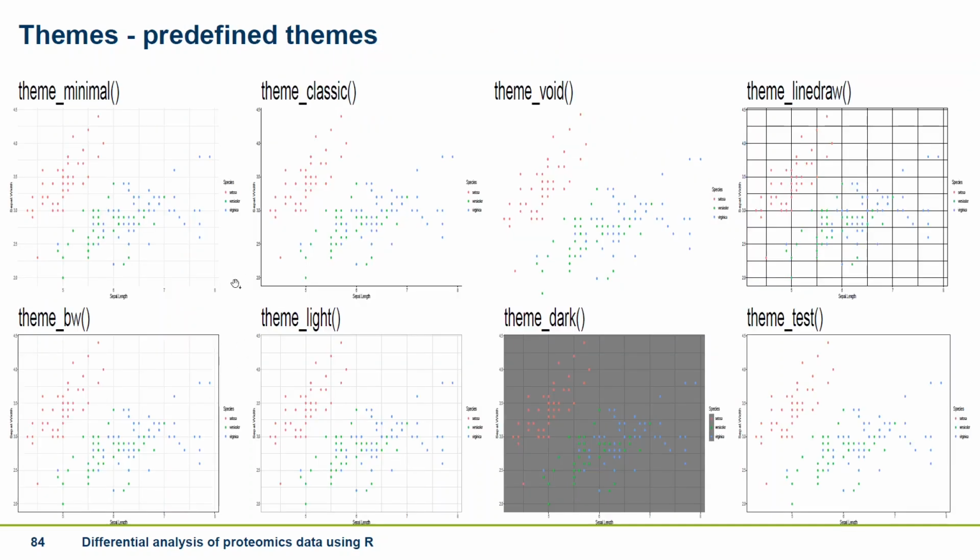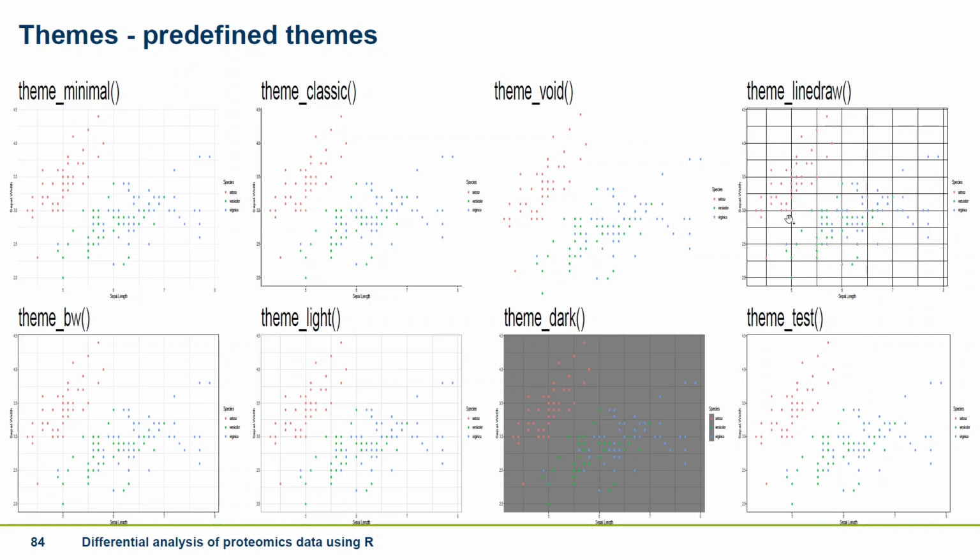But there are also different themes predefined you can use. For example, most of them have a white background except theme dark, which has an even darker gray background. And they differ in, like, if they have axes. For example, theme minimal doesn't really have lines for the axis, but it has grid lines. Theme classic has axes but no grid lines. Theme void has neither.